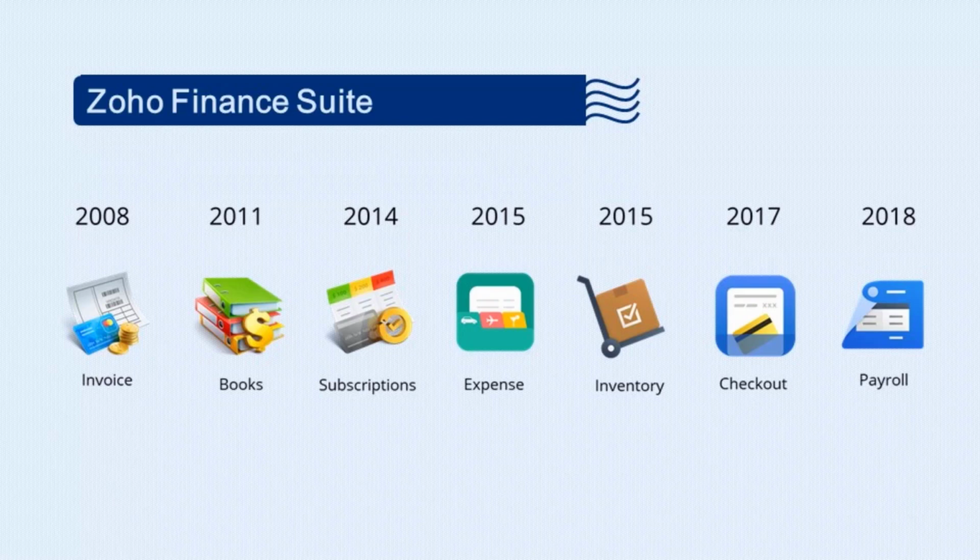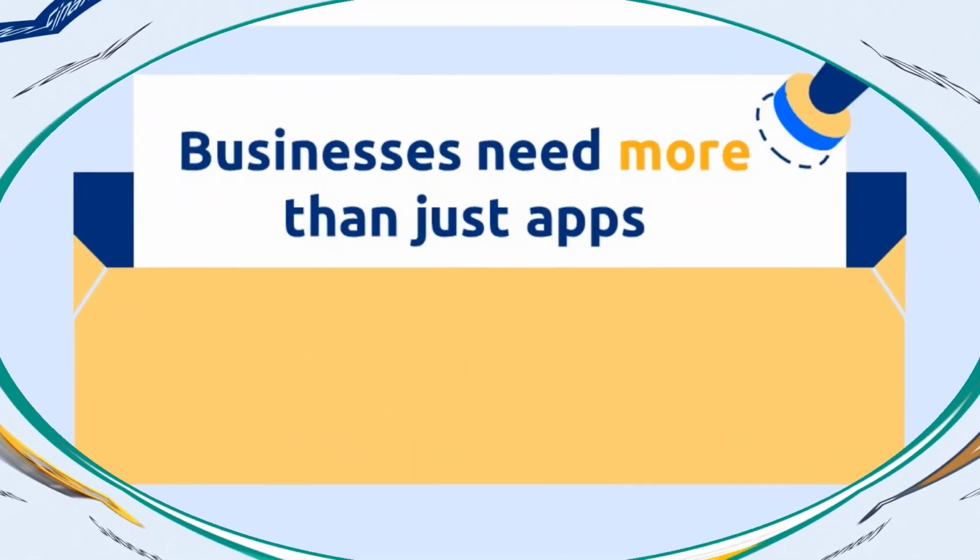With a lot of e-commerce coming in, Zoho Inventory was used by a lot of companies that are into e-commerce business. A lot of trading companies have used that. We have Zoho Checkout, which is basically a payment solution. And in 2018, they launched Zoho Payroll. So this is how the Zoho Finance Suite has evolved over a period of time.